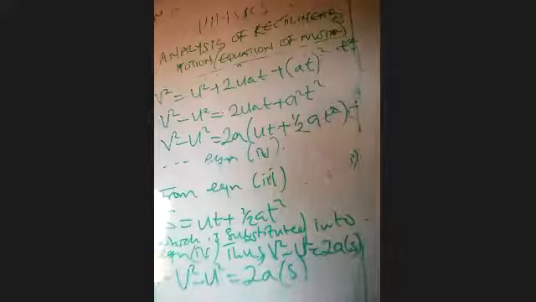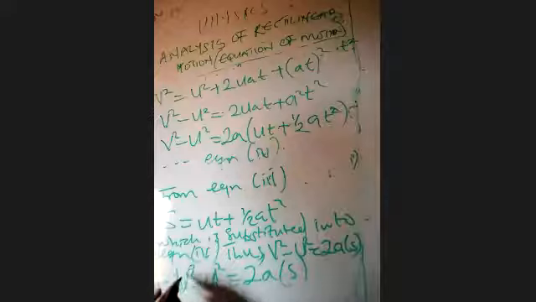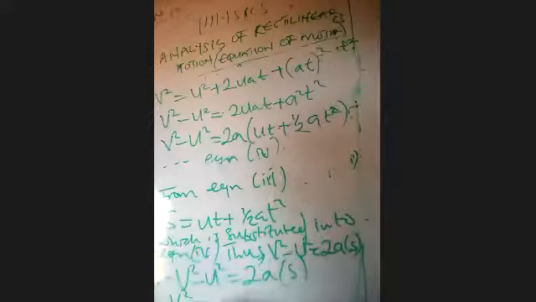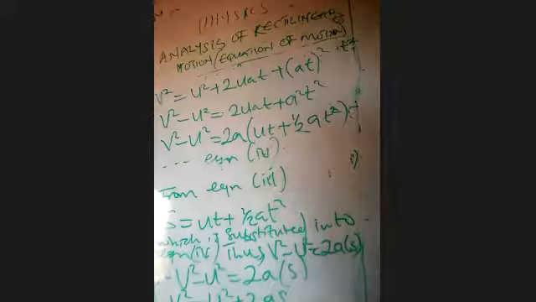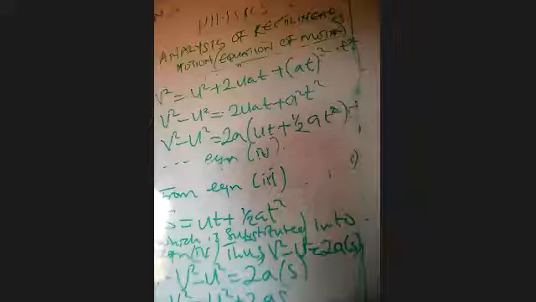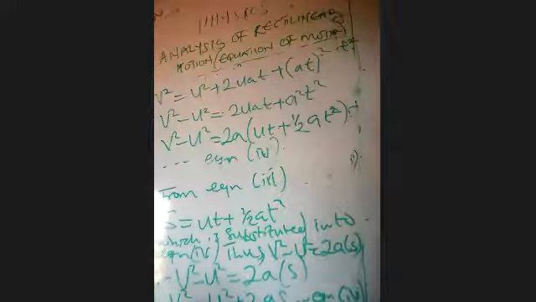Now this can be v squared is equal to, if this minus u squared crosses, this is equal to u squared plus 2as. We now take this as our equation 4.